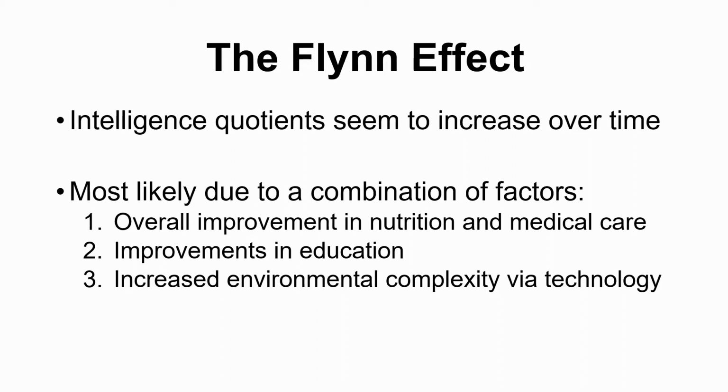Maybe their brains aren't going to function optimally because of that lack of nutrition and care. So as we have more access to nutrition and medical care, people develop healthier, their brains form better connections and function better. So yes, they are more intelligent due to all of these biological factors.